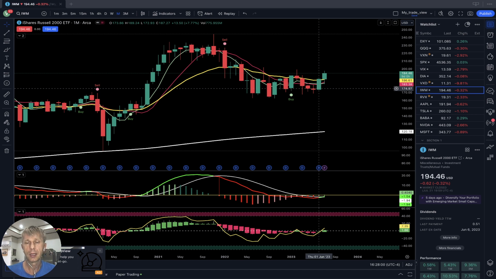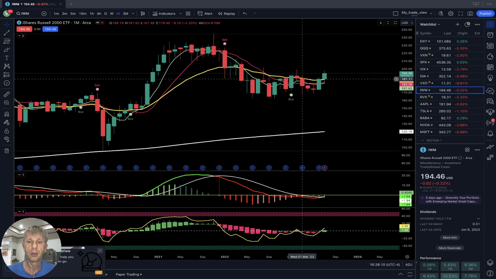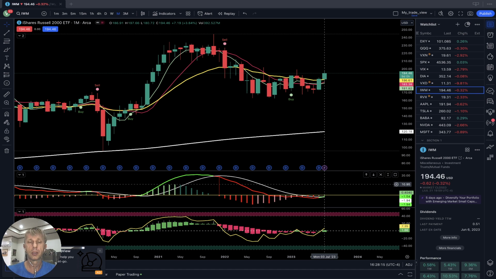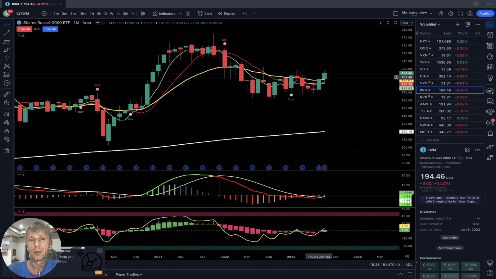Very quickly over the last 2 months, it made a nice move and came above all moving averages. Now it's in a positive position. Last bar above all moving averages, all indicators positive, green, bullish territory. But the month is not over, like I told you.